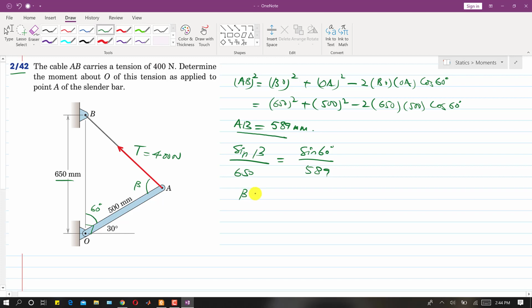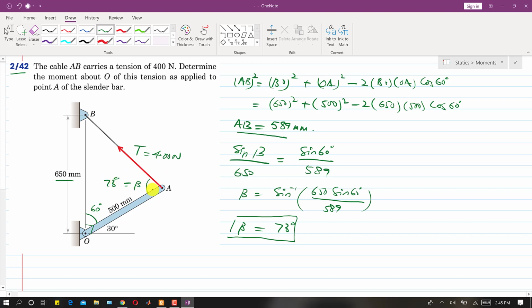So beta will be equal to sine inverse of 650 into sine of 60 degrees divided by 589, right? Beta comes out to be 73 degrees. So now we know the tension angle with this OA arm. This is 73 degrees, right?